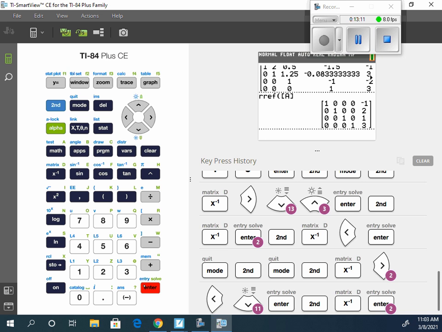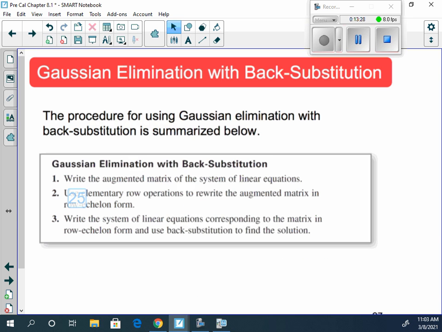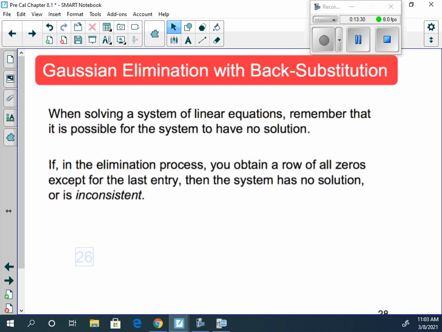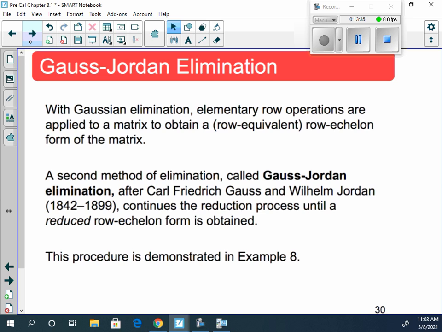Because reduced row echelon form gives us those diagonals of 1, which tells us negative 1, 2, 1, 3. It gives us the answer straight out. We don't have to actually go back and solve them. That's what makes it a little bit nicer than writing these here and then going back and solving. And especially, it's kind of tricky if it is a no solution.